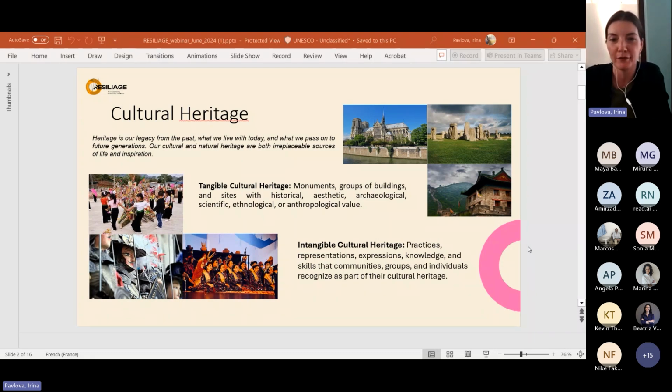What image do you have? I was living for the last 15 years in Paris, and I will not be very unique in saying that, thinking of Paris, I think about the Eiffel Tower or the Cathedral of Notre Dame de Paris.